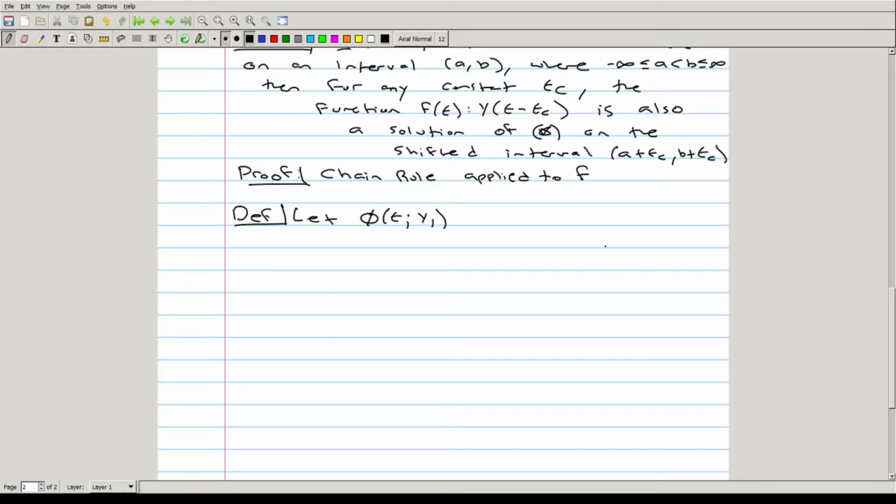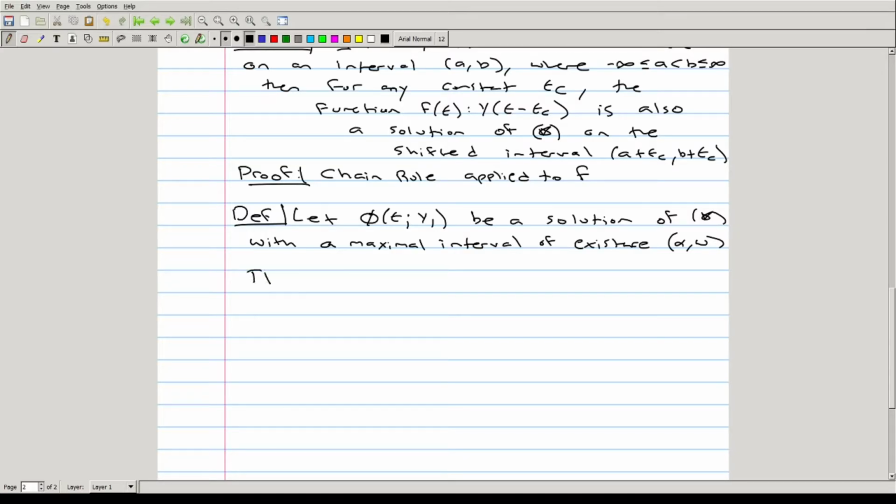We'll call it y1, be a solution of star with some maximal interval of existence, alpha to omega, which we talked about at length in the last lecture.